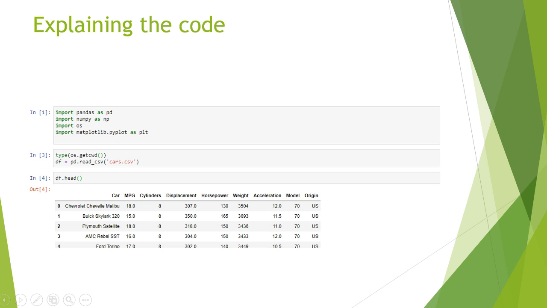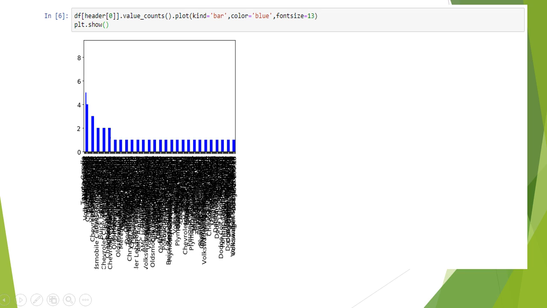Then we are obtaining the first four rows of the data set. The variables present in this data set are cars, mpg, cylinders, displacement, horsepower, weight, acceleration, model, and origin. So here we are just plotting a graph for the cars variable.